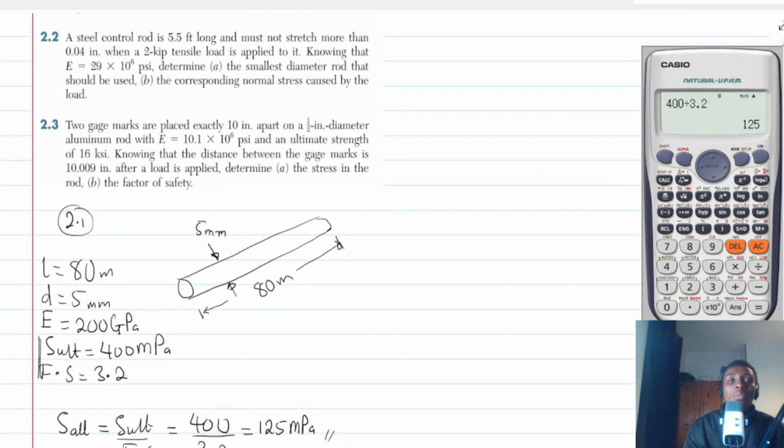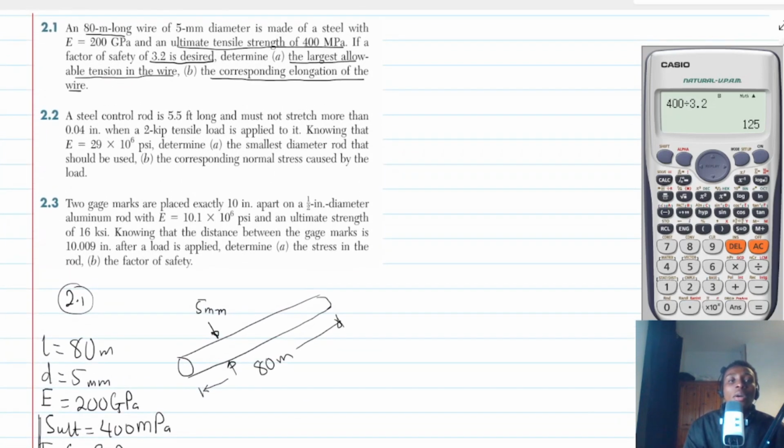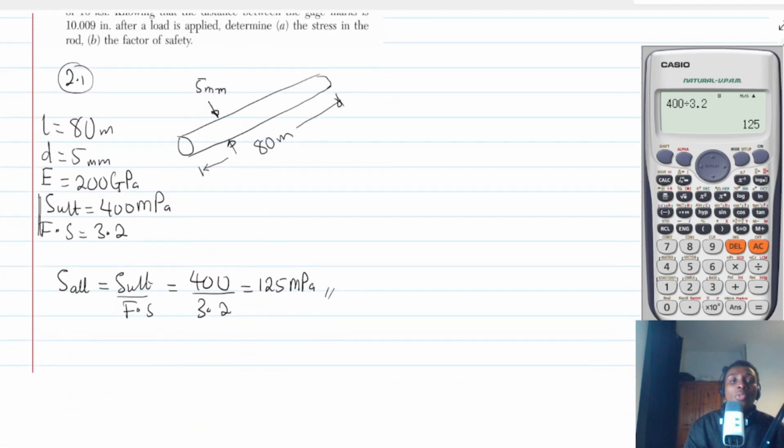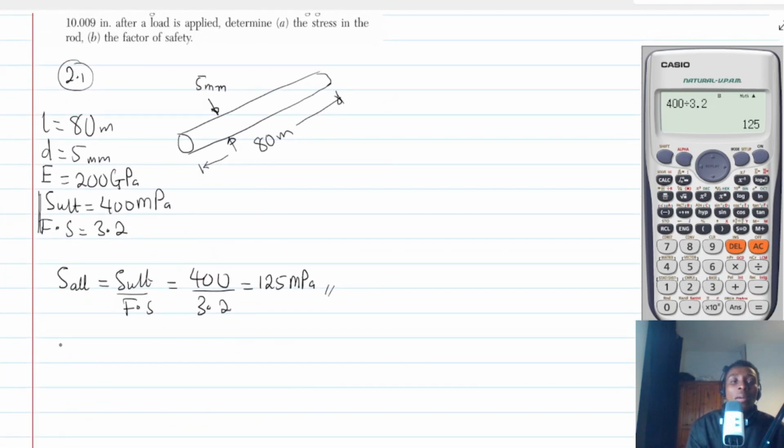Okay, having known the strength of the material, we can go forward. We know that stress is strain multiplied by the Young's modulus. So this is equation 1.